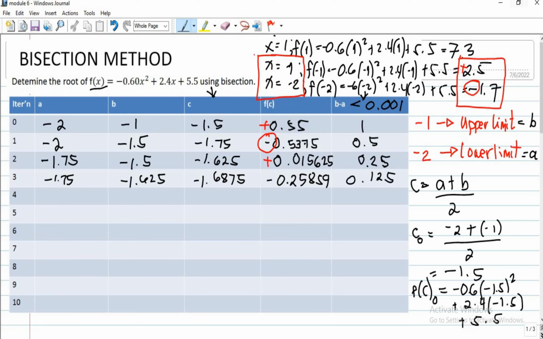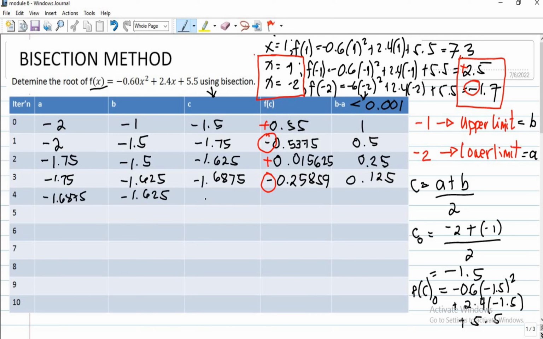Okay? So again, negative FC. Pag negative FC, okay? Since negative FC, magbabago ay si A, magiging negative 1.6875. B will remain as negative 1.625.